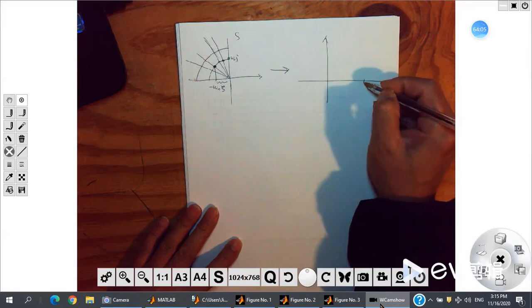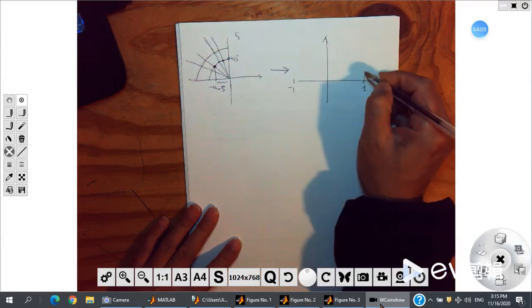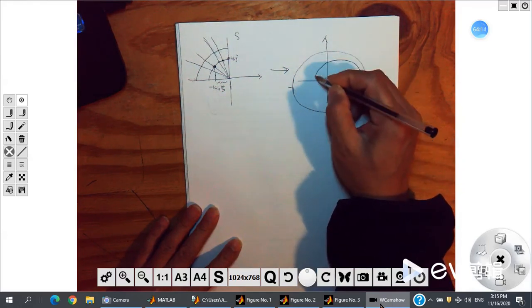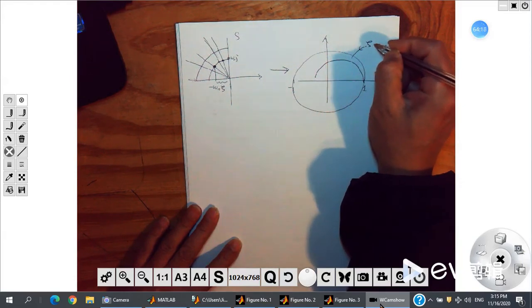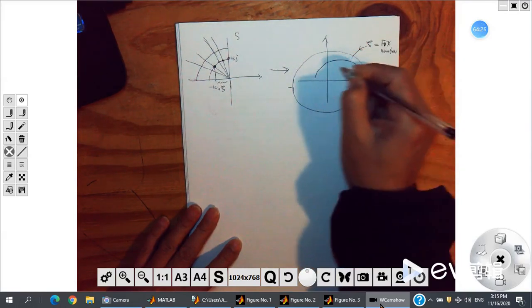In the z domain, here's a 1, here's a -1, then we have a unit circle, and then the curves look like this, and like this. This is zeta equal to a fixed number.